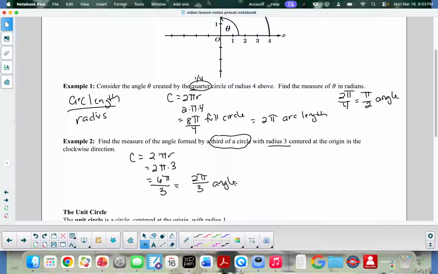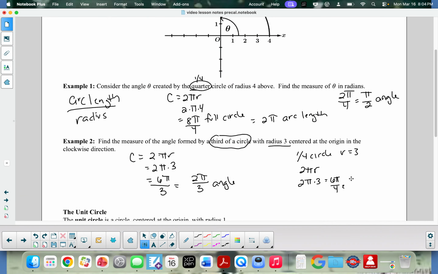I could do the same thing, again changing this so the numbers don't match. I could do a quarter of a circle with a radius of 3. So this would be 2 pi r, 2 times pi times 3. That's 6 pi, and I want a fourth of that.